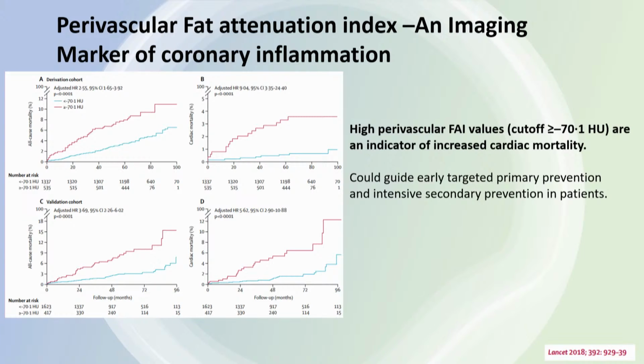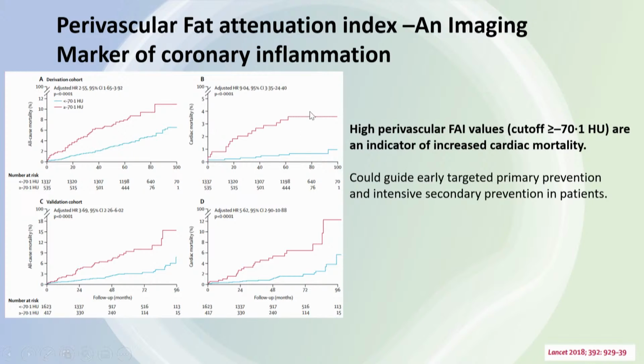In this paper, they showed that it is associated with outcomes, both in their derivation cohort and the validation cohort. This is all-cause mortality, this is cardiac mortality, and from their AUC curves, the cutoff for the fat attenuation index they came up with was 70.1. If you have a Hounsfield unit more positive than 70.1, that's an indicator of increased cardiac mortality.